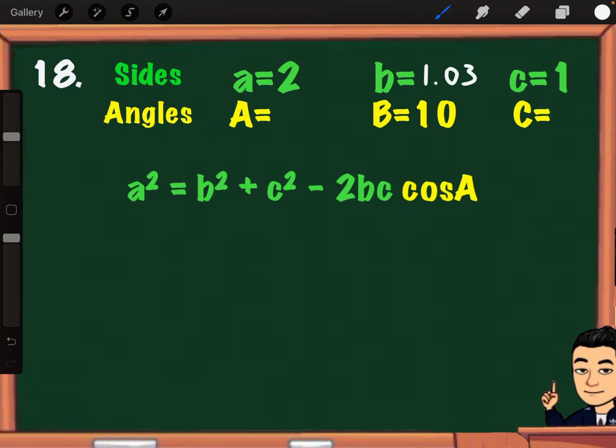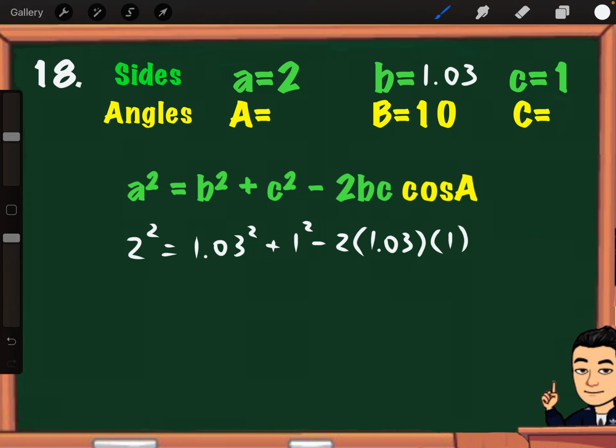So I'm going to insert side A, which is 2 squared equals, we found side B is 1.03 squared, plus side C is 1 squared. And then you want to minus 2 times 1.03 times 1 times the cosine angle A. So that's the one we don't know. So go ahead and just square everything.